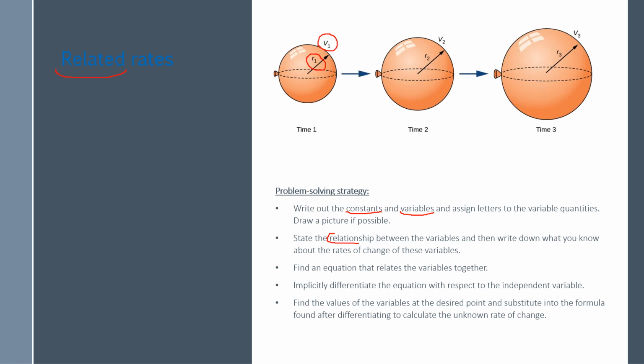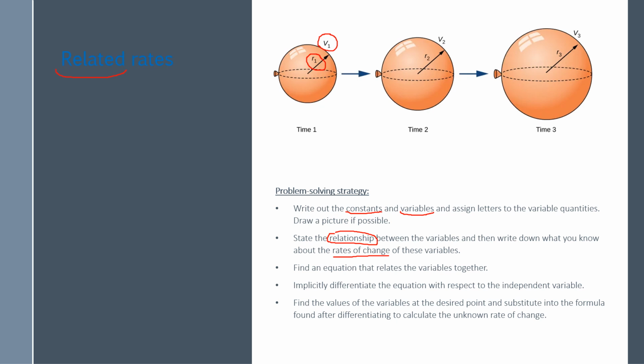So this will be typically a formula from either geometry or physics, something that we are well aware of, or if there's no assumption that you might know this formula, the formula will be given to you. Okay, so we will write down the relationship between the two variables and what we know about the rates of change. Now, let me remind you that rate of change, all it is, it's the derivative, okay? Then we find the equation that relates the variables together.